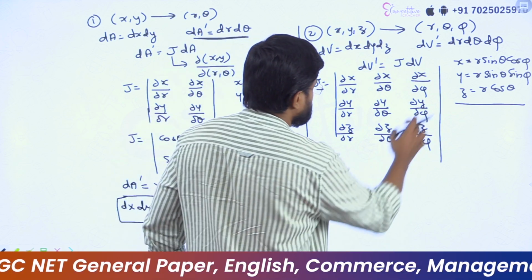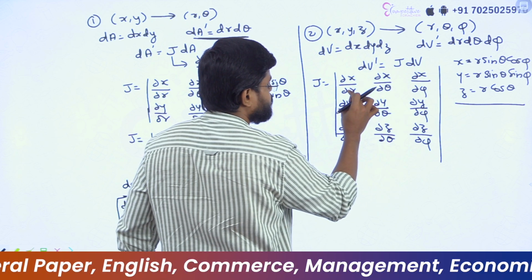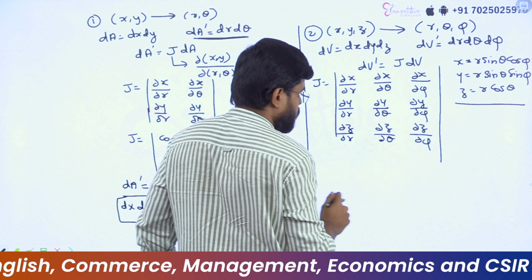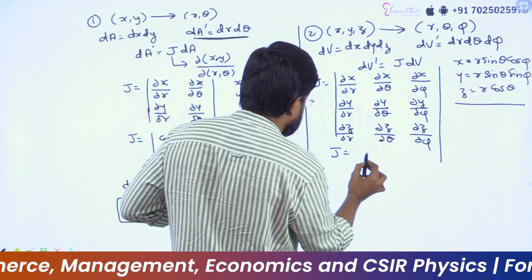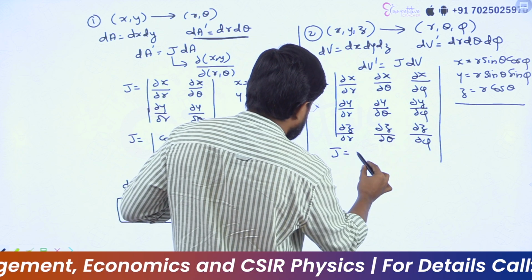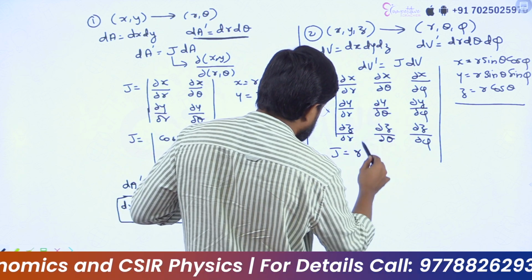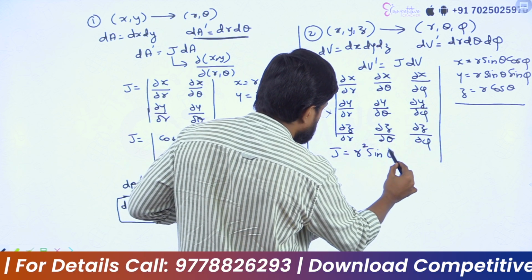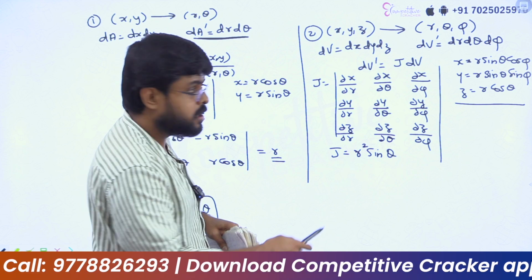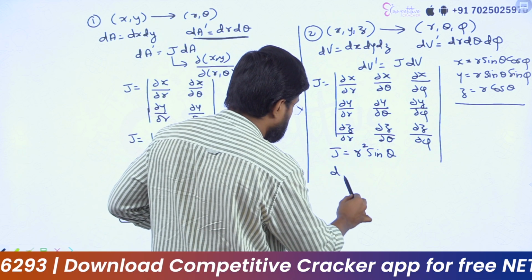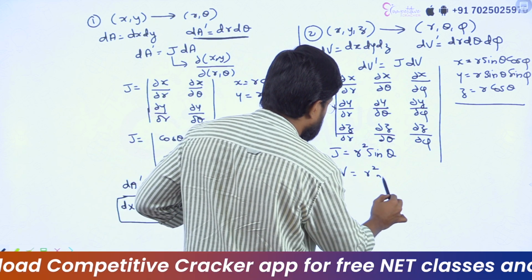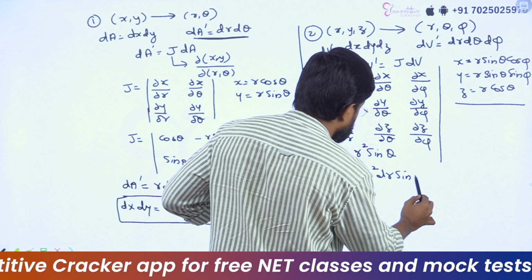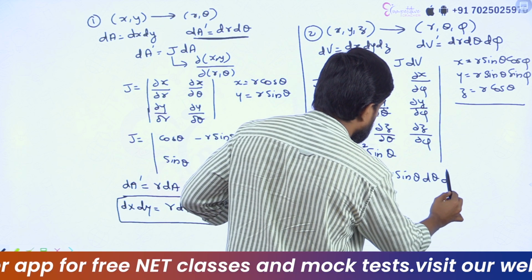If you substitute here the values of the partial derivatives, the value of the Jacobian will be r square sin theta. That is why we write dV equals r square dr sin theta d theta d phi.